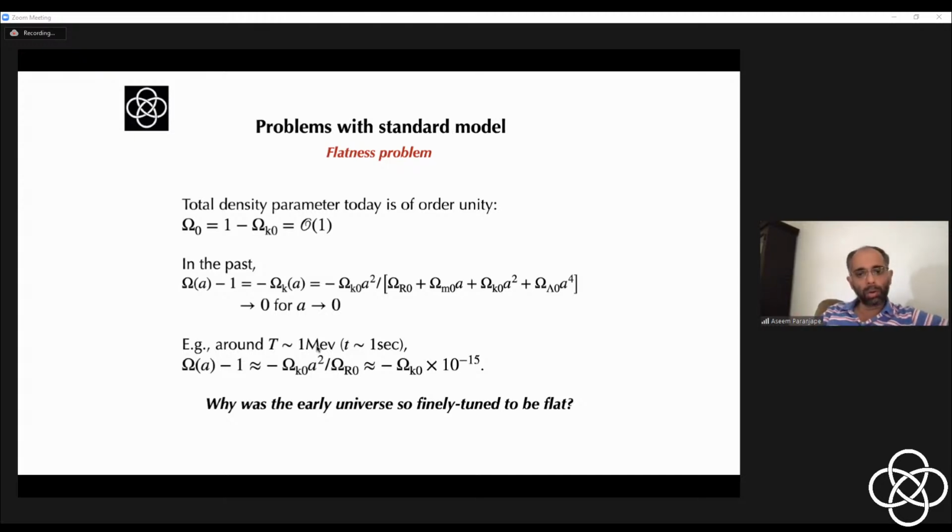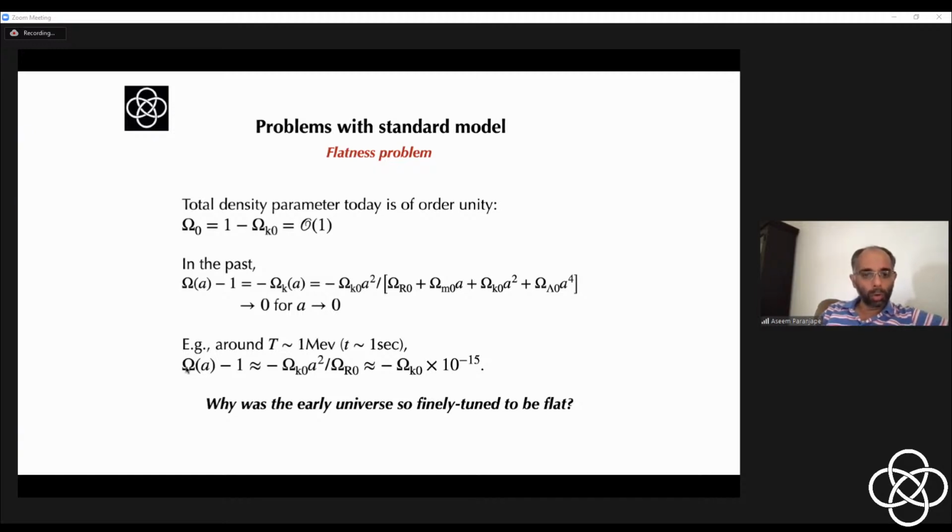So this is a very, very standard model time in the history of the universe. But already around this time, according to this logic, if I plug in the numbers and I ask what is omega k0 a squared by omega r0, I know this number today. So in fact, I will just parameterize in terms of omega k0 because omega r0 is a small number and this a is being evaluated at 1 second after the Big Bang. This number is of the order of 10 to the minus 15.